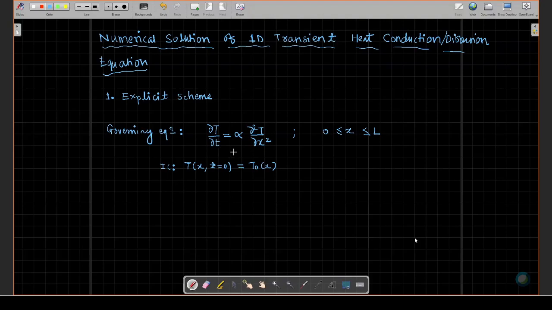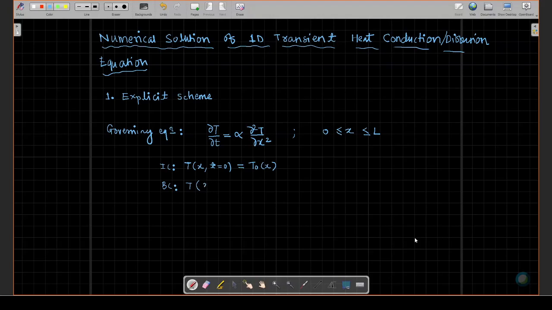Then the boundary conditions, we need boundary conditions for this d2T by dx2. BC stands for boundary condition, IC stands for initial conditions. So boundary conditions, you will have to specify at x equals what are the locations you have. So say x left, x right, and at any t.